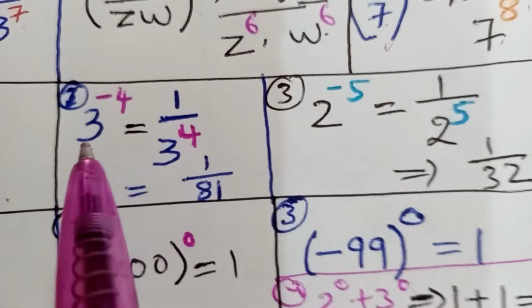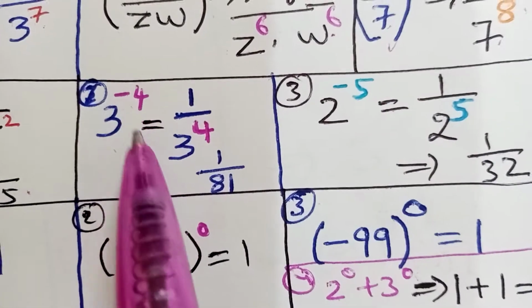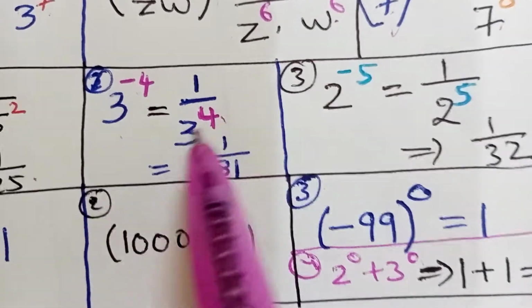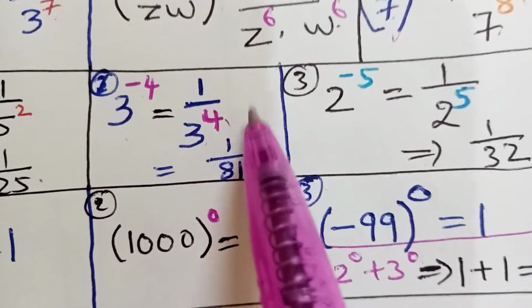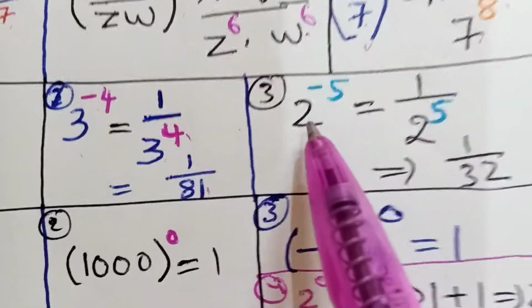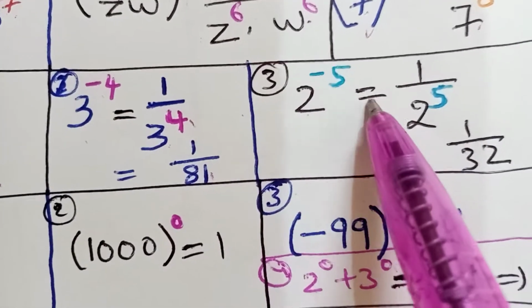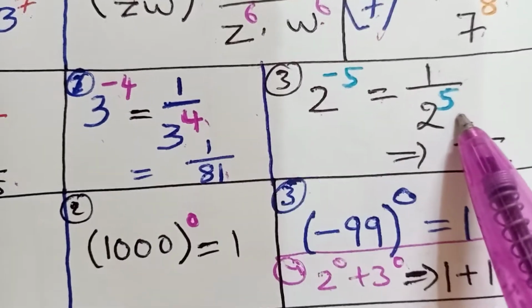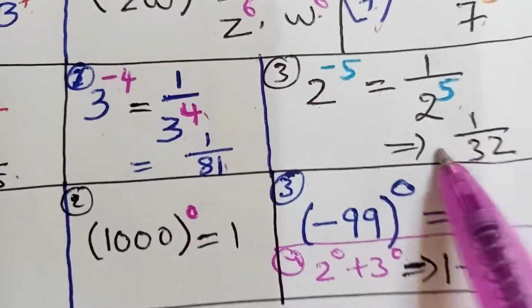Next, 3 power of minus 4 means 1 by 3 power of plus 4. 3 into 3 into 3 into 3, 4 times, 81. Next, 2 power of minus 5 is equal to 1 by 2 to the power of plus 5. 2 5 times, 1 by 32.